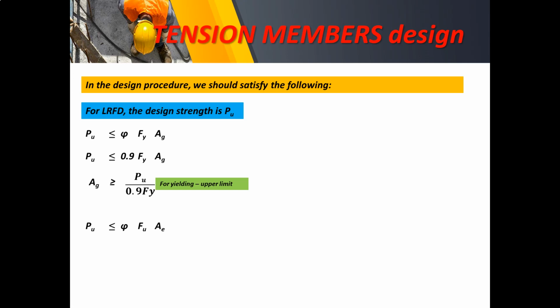Again, it was emphasized previously that Fu is paired with the effective area. For fracture, we normally use phi equal to 0.75 for LRFD. Therefore, the required effective area should be greater than or equal to Pu over 0.75 Fu. This is for fracture, which will be considered as the lower limit.